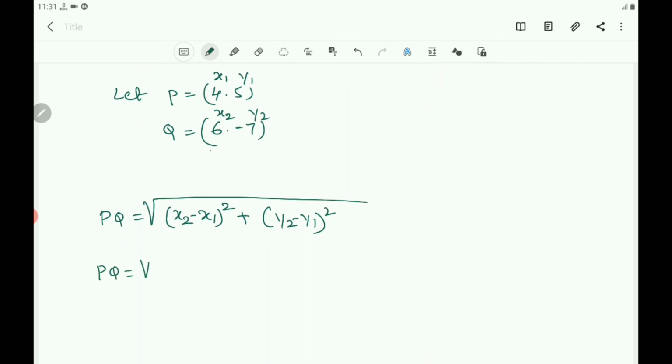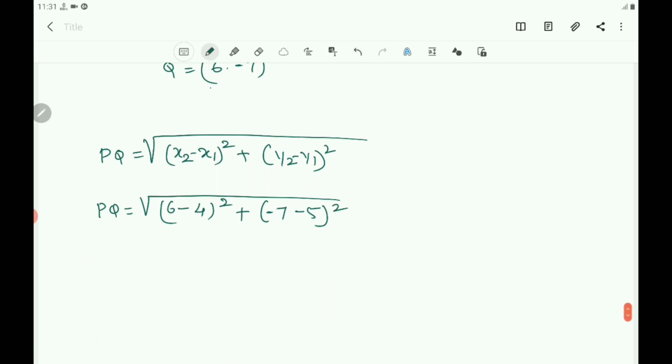Then PQ equals whole root of (6 minus 4) whole square plus (minus 7 minus 5) whole square, where y2 is minus 7 and y1 is 5. Then 6 minus 4 is 2 square, plus minus 7 minus 5, they have the same sign, so add them, that becomes minus 12 whole square.